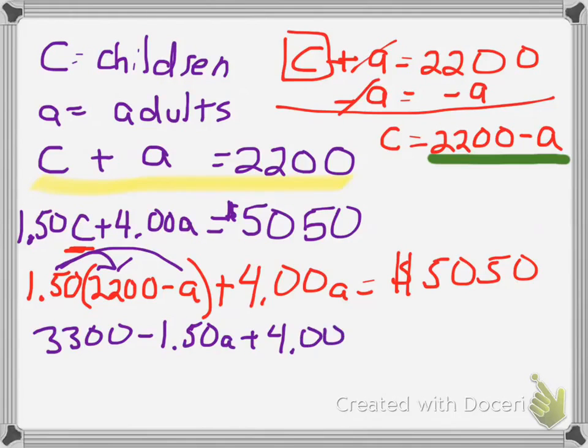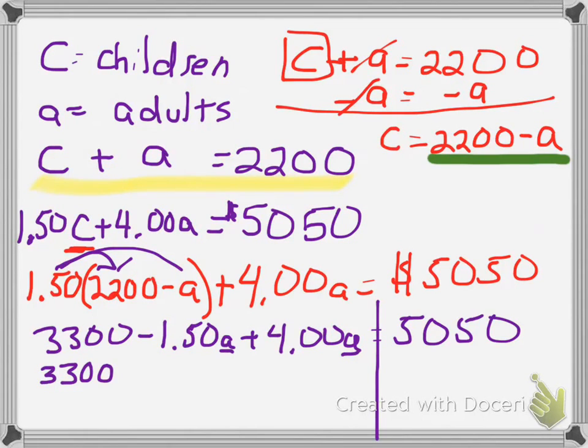Now, if you notice, the only variable I have is A, so we're going to be able to find the number of adults first. So bring this down. Guys, you're back in Algebra 1 now, just solving the equations. Negative 1.50A plus 4A is going to be plus 2.50A.